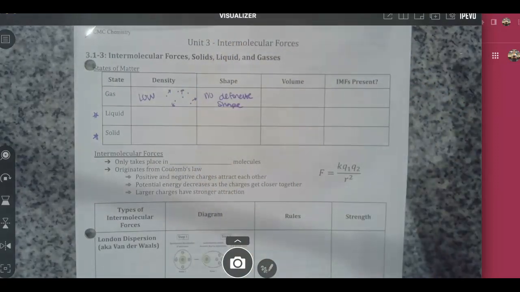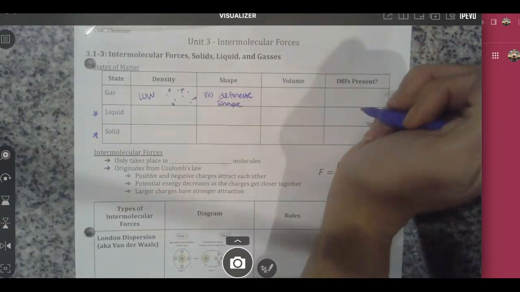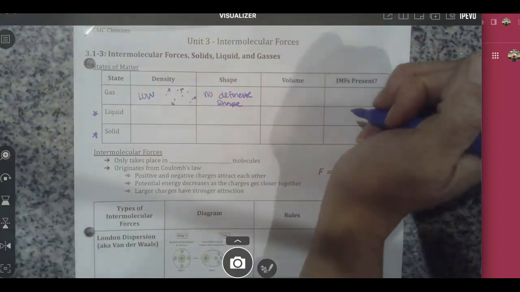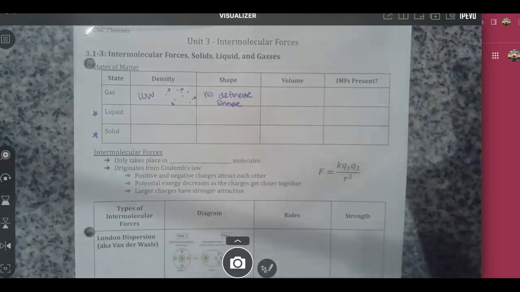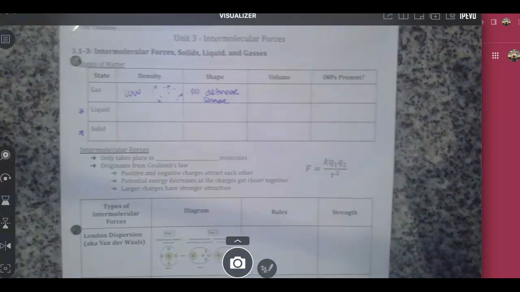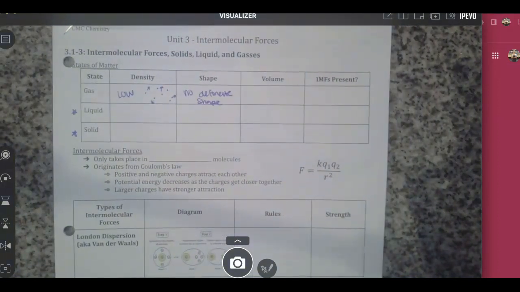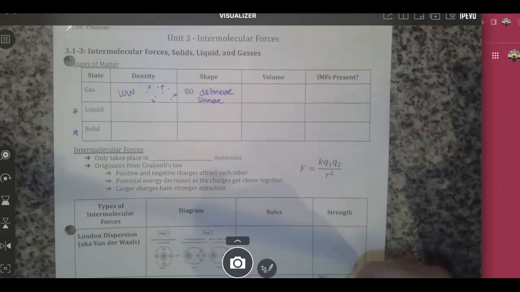Their volume, you can say that it takes the size of its container, but really if you just look at all the gases in the world, there's no definite volume to them. They take up whatever space they want to take up, unless we put them into something, unless you as human beings are forcing them into a balloon or some kind of container, then we can create a volume.